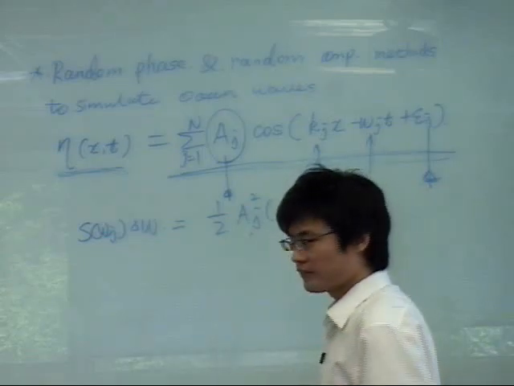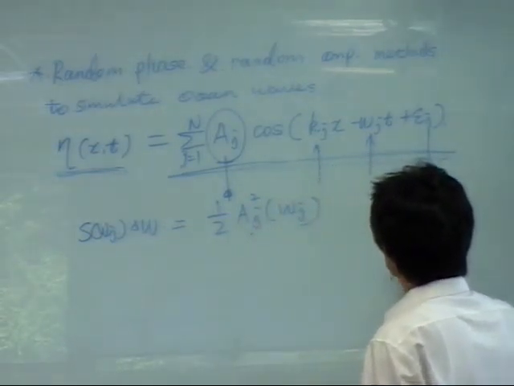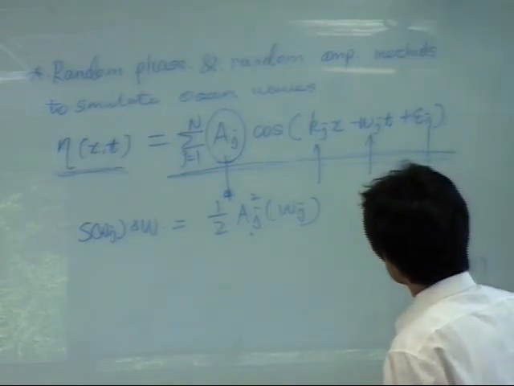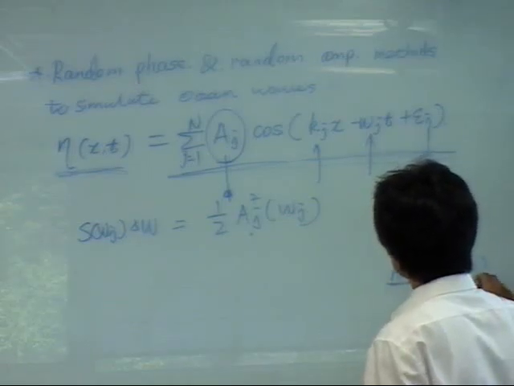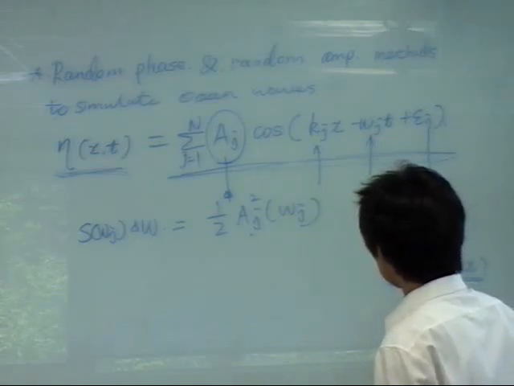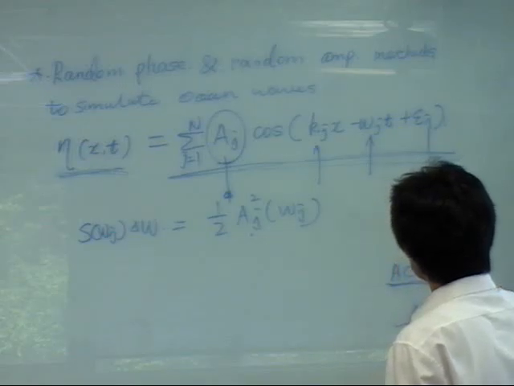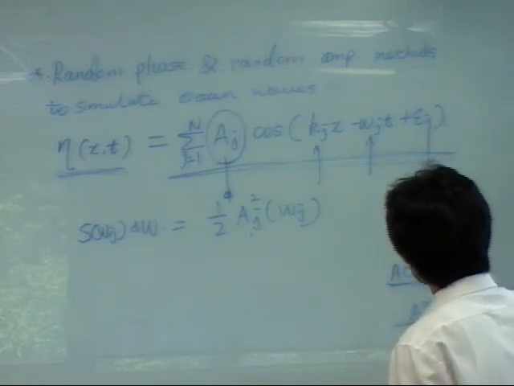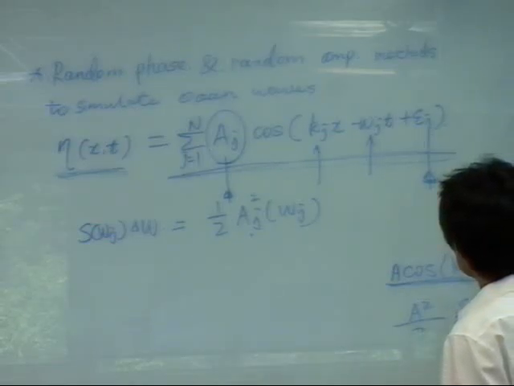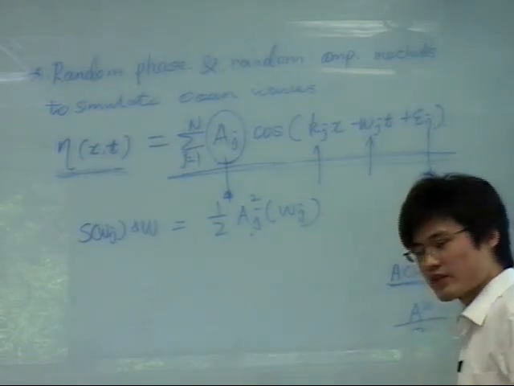this: if you have a sinusoidal wave of amplitude a cosine kx or something, then the energy is like this, right? A squared over 4 is one part, the kinetic energy, and the other part is the potential energy, right?